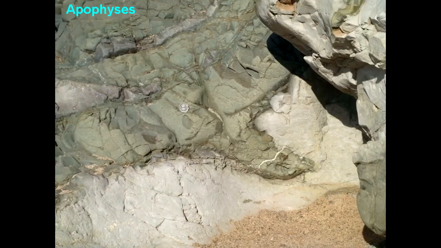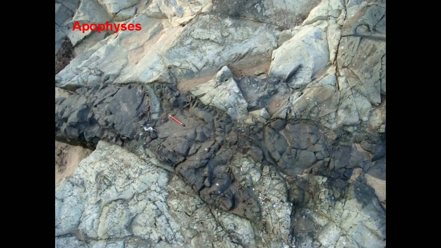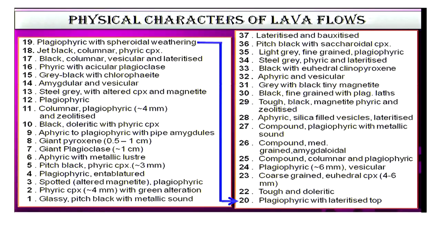Then a dike is cutting across the lava flow. A dike is also in the form of apophysis, in the form of tongues. Wherever they find a weak zone, the magma or lava goes into that and later consolidates in the form of apophysis.